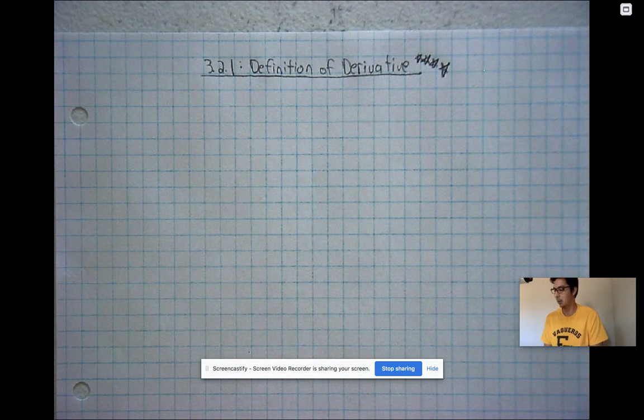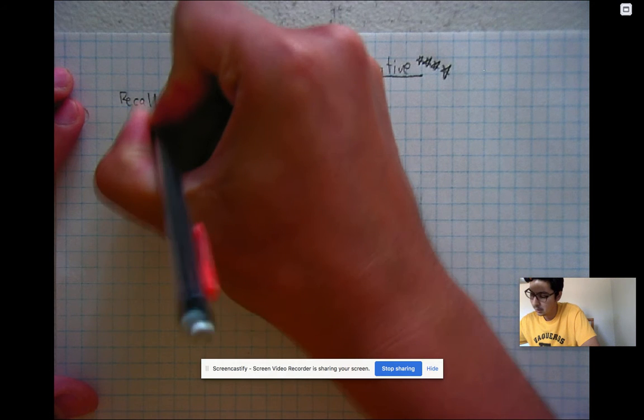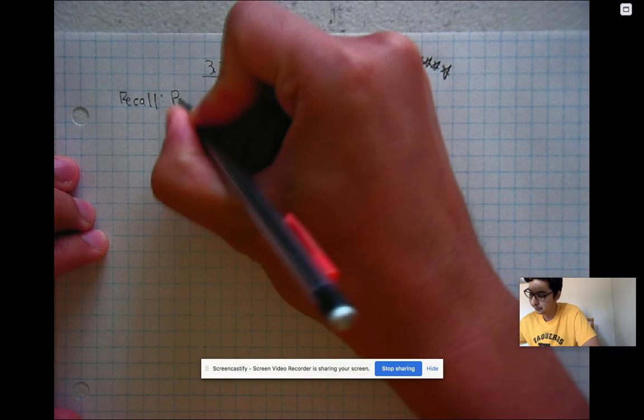So let's recall before we start talking about what the derivative is. Let's recall the power rule.